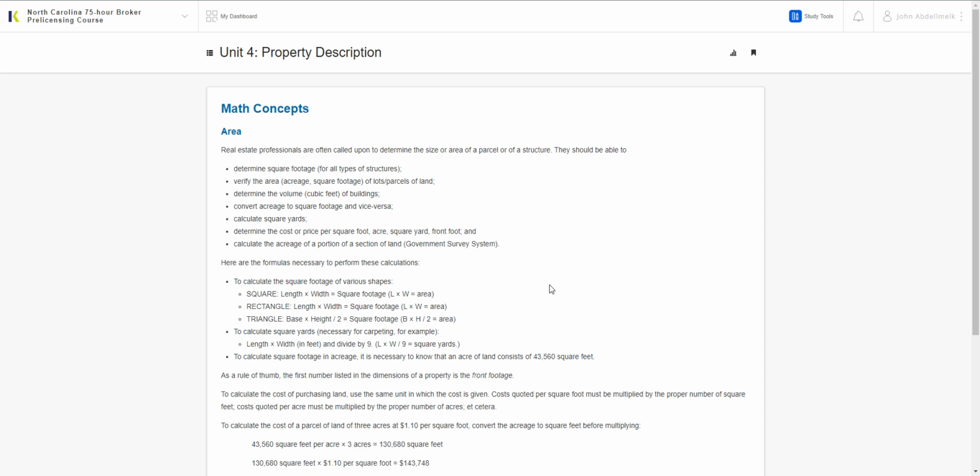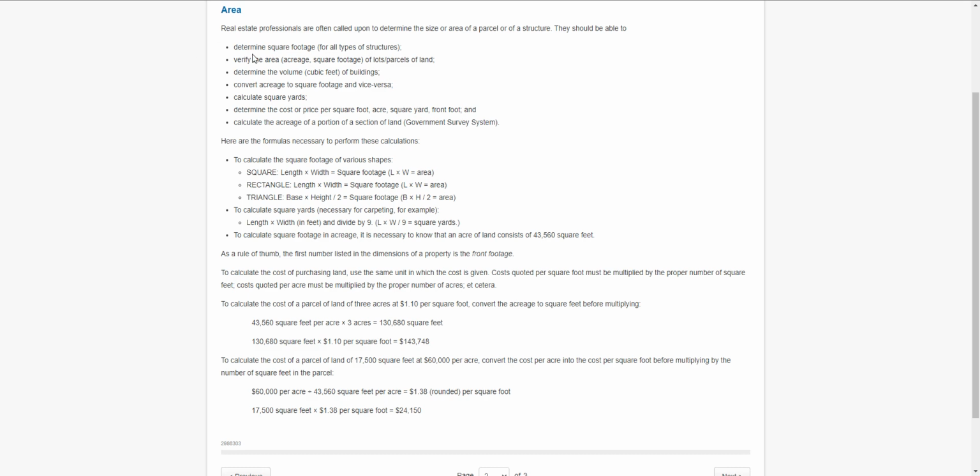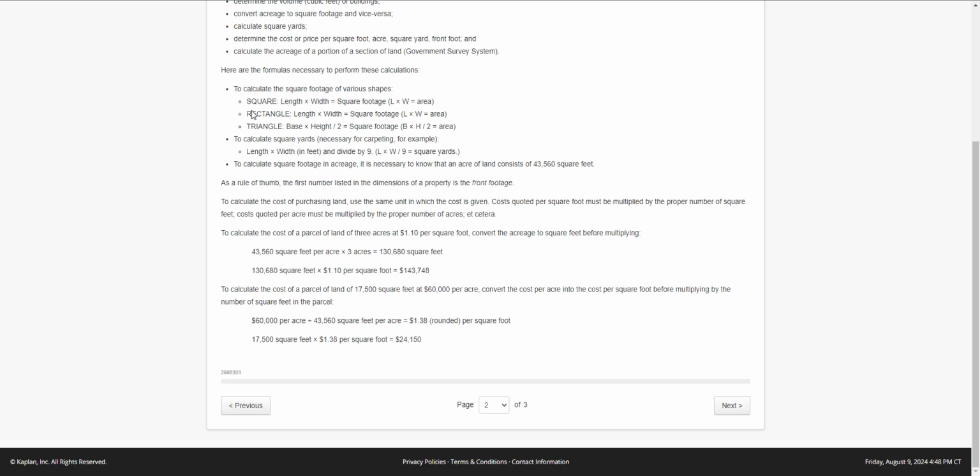Length times width. Most of these are pretty easy. It's just length times width, length times width. A square, and then a rectangle, length times width, length times width.